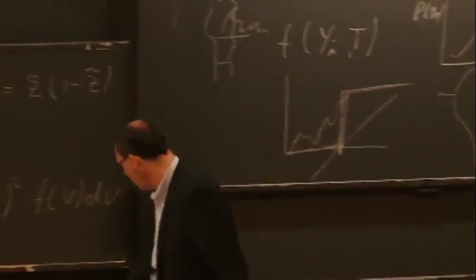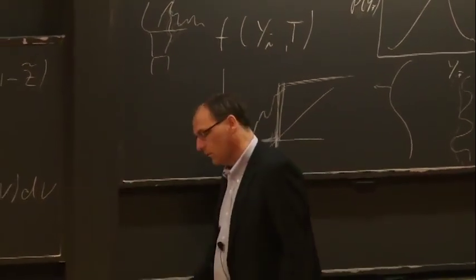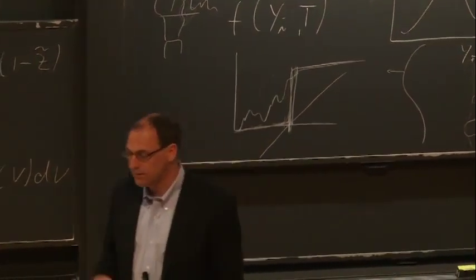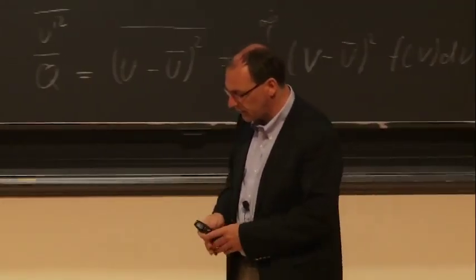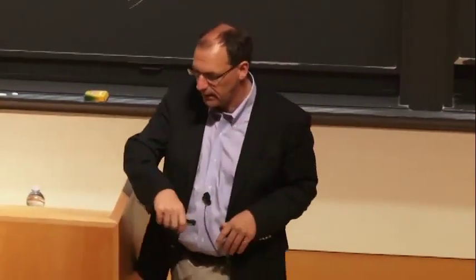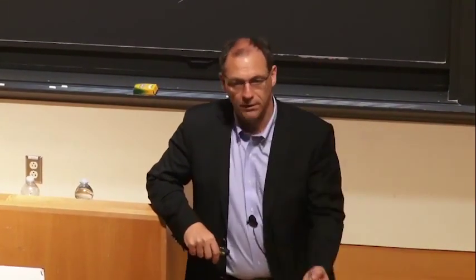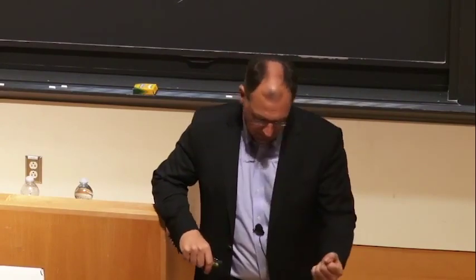You can imagine, for example, infinitely fast chemistry: what's the probability of finding fuel, let's say at stoichiometric conditions? It's 0. Why? Because the chemistry always takes it away.